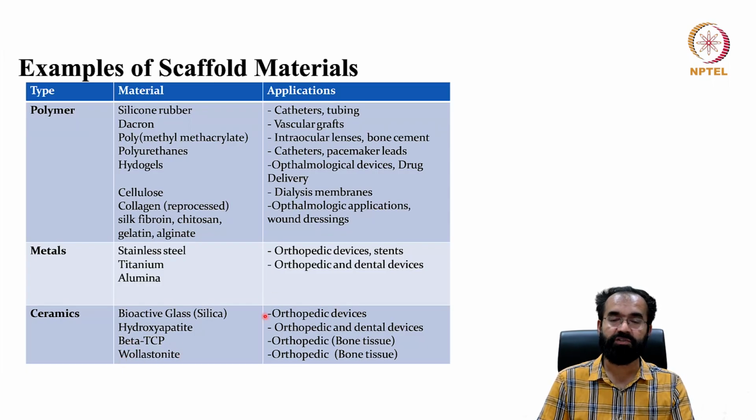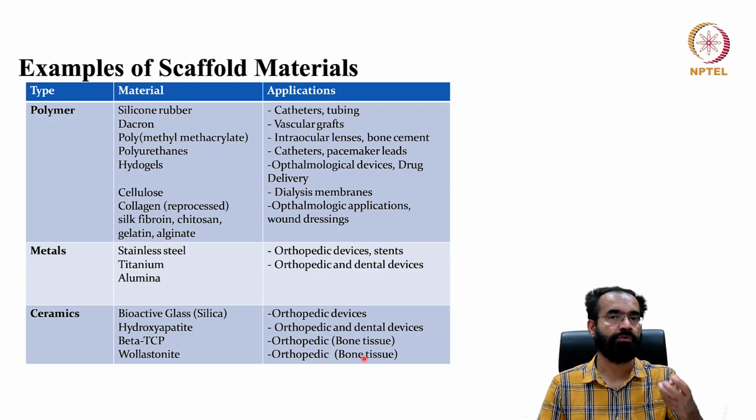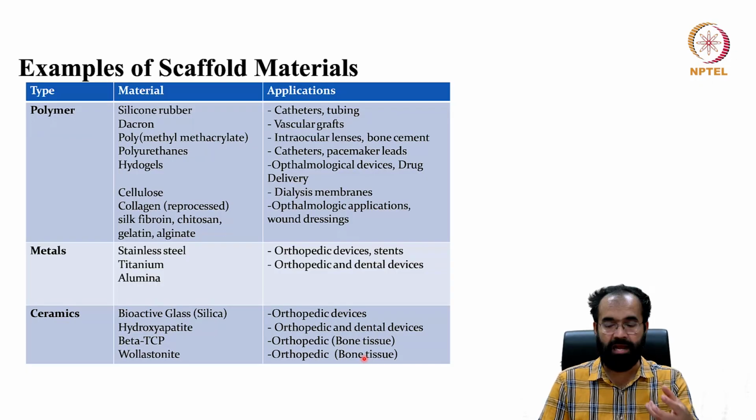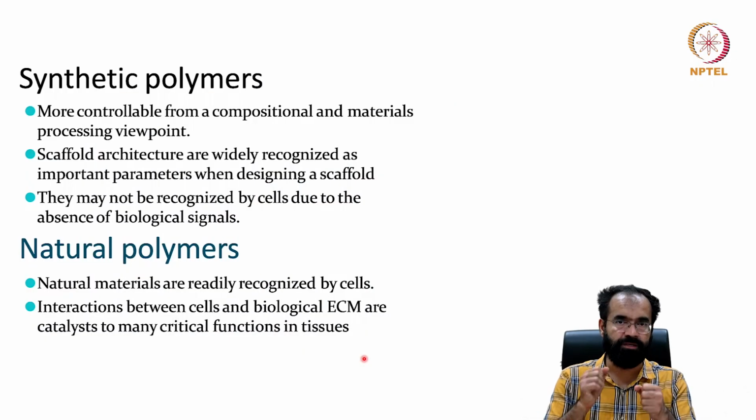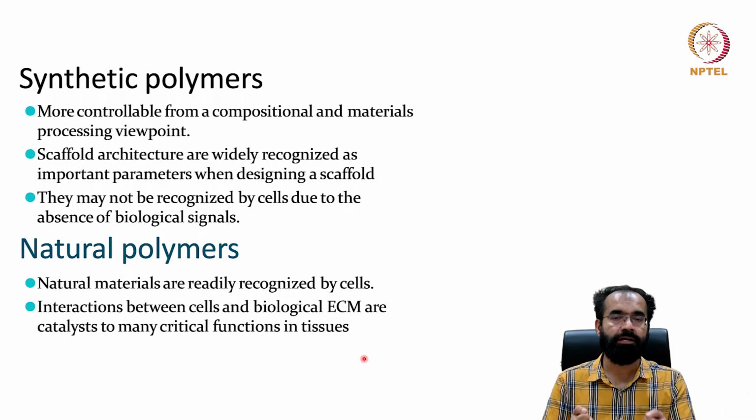These are all used for several orthopedic and dental devices, bony tissues, and also bone matrix, those kinds of solid applications, which are very rugged, meaning strong, demanding applications. And synthetic polymers also come into the picture.